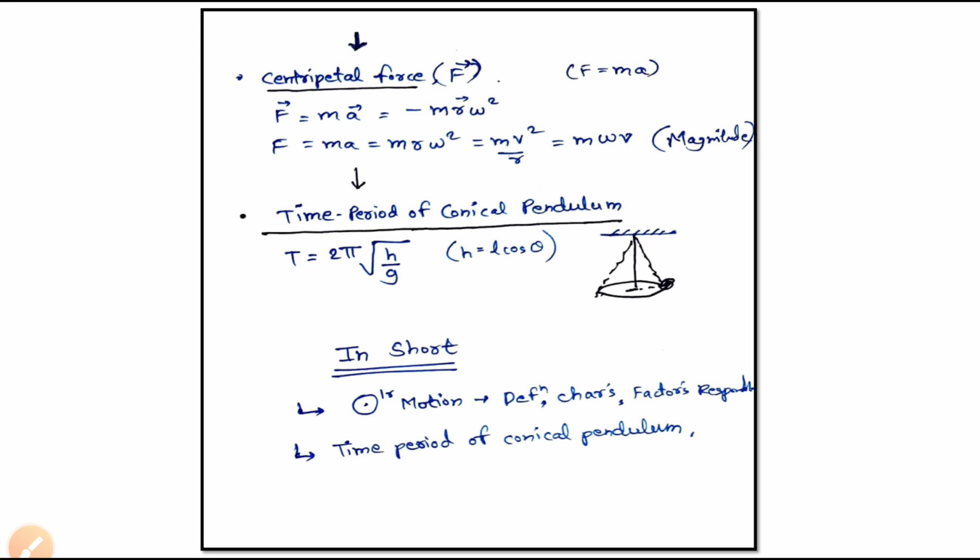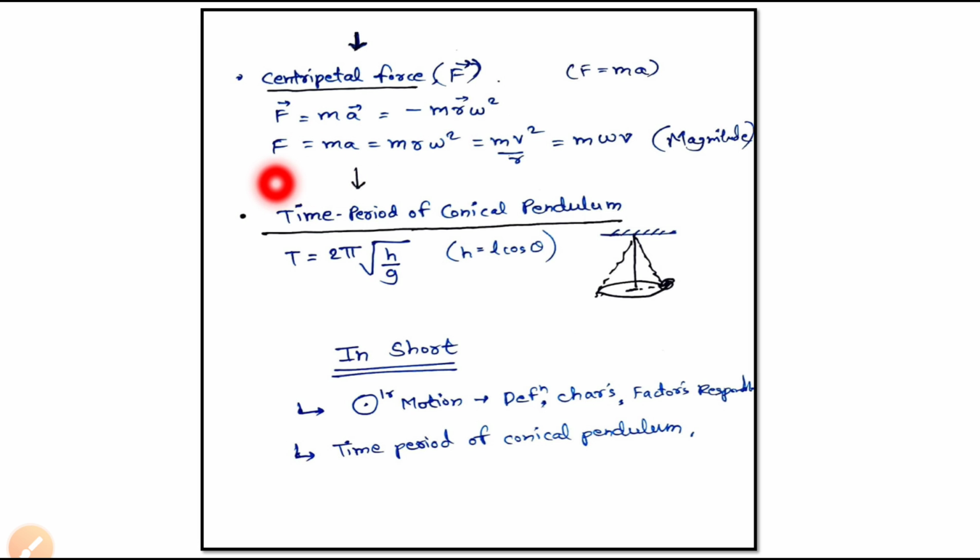So the centripetal acceleration is due to centripetal force, and for that also we have some equations. As we know from Newton's law, force is mass into acceleration. Here again this force is directed opposite to the direction of the radius vector, so we write a minus sign. Substituting the value of A as minus r omega square, we get minus m r omega square.